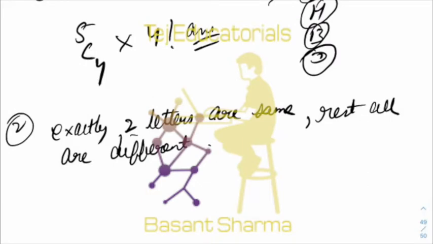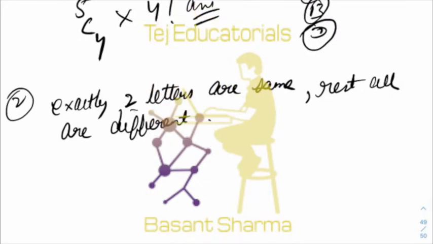H, B and D can appear only once, so they can't repeat. So first select one letter out of A and L, which needs to be repeated twice.